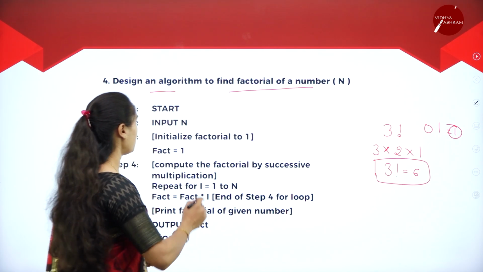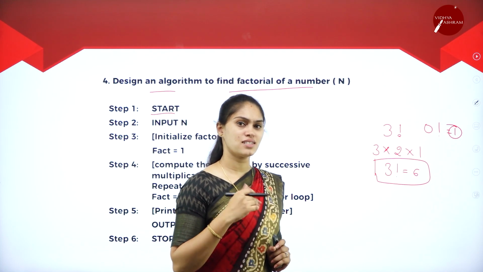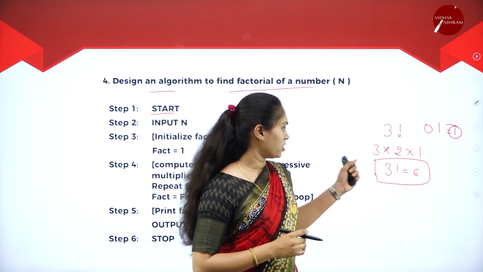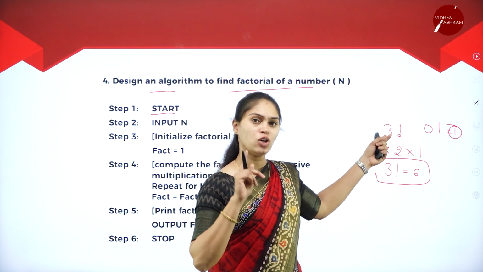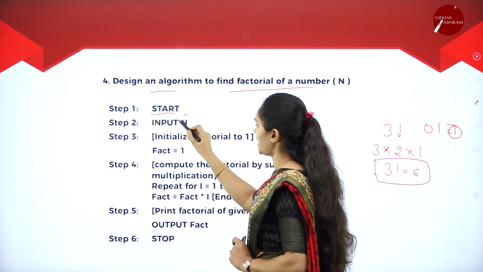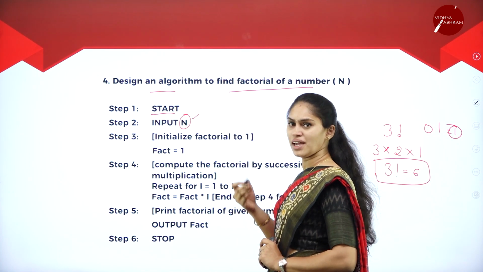What is the first step? As always, it must be start. Then what is the input that I need to take? Here I have taken only one positive integer, so I am going to take this n as a variable. Input n. This n can be any number.